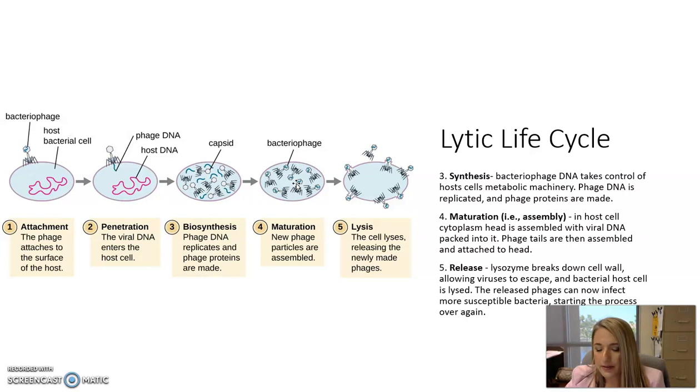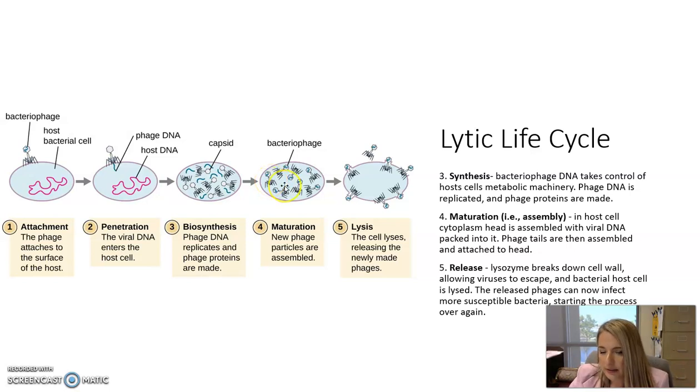Really what happens is the genetic material is inserted into the icosahedral heads. The necks are then attached to the heads, and then the tail fibers are attached at the bottom. So basically, we are going to have thousands of mature bacteriophages inside of this bacterial cell. That's essentially the same too, you're just putting together different parts in a different formation.